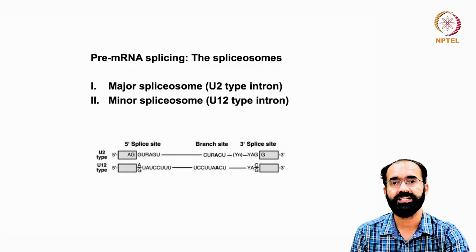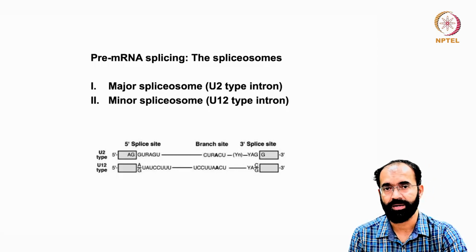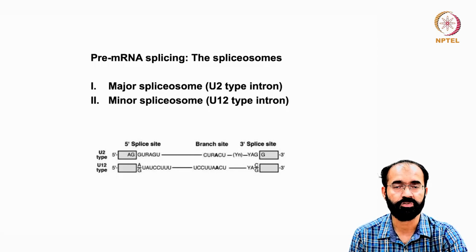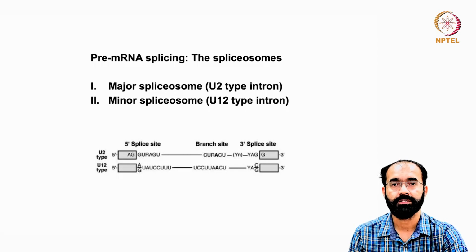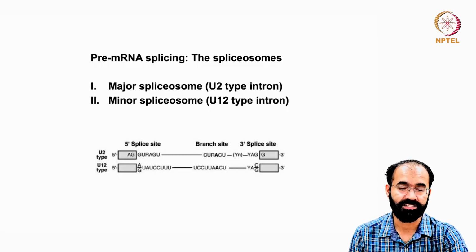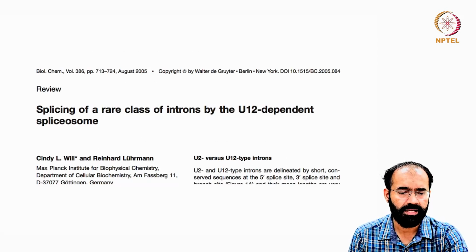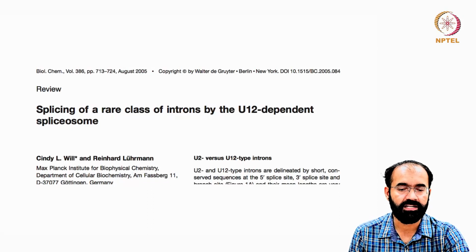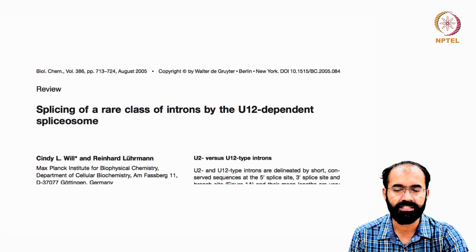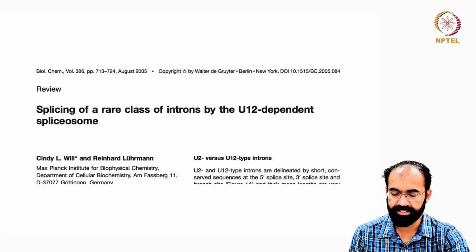If it is a minor change, a small fraction of the RNA, the minor spliceosome can become handy. That is why minor spliceosomes are useful in many such cases. So you can read this review, splicing of rare class of introns by U12 dependent spliceosome. It's quite an interesting article.